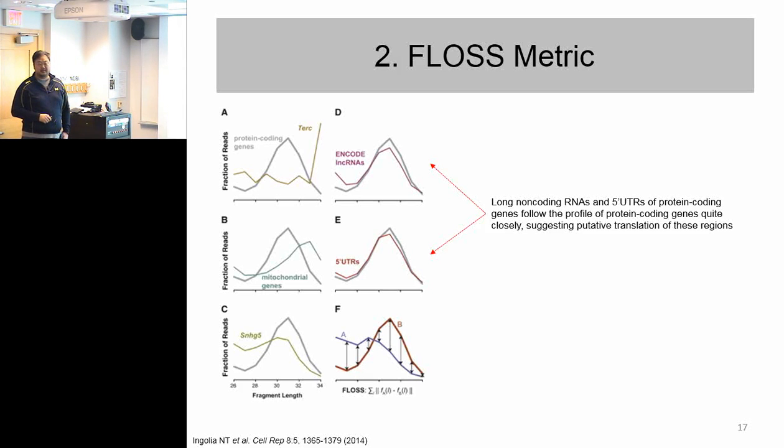What they did was they took basically anything that wasn't a pseudogene, anything that wasn't a lncRNA, and lumped those together, and that gave them a set of non-coding transcripts.